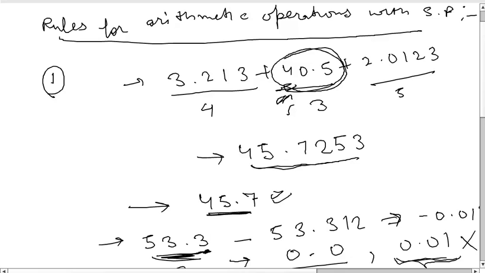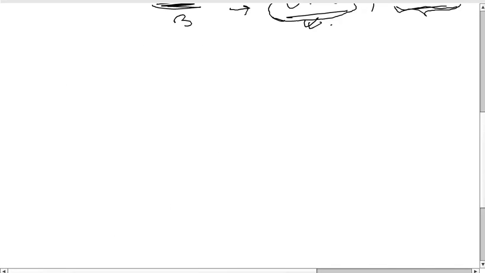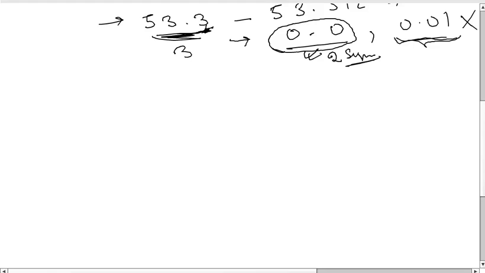So this will be 0.0. We cannot add one more digit after the decimal point. The number of significant digits should not exceed that present in any term; certainly it can be less or equal, but it cannot be more. It can be less when you have to match the precision after the decimal point. So that's why I took this example.